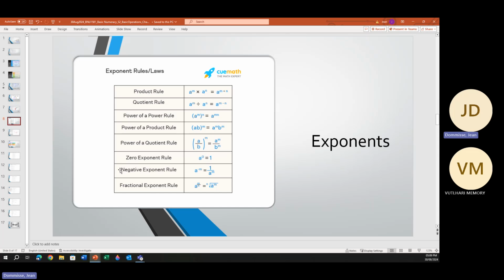The one that is really critical, that we will use a few times, is the zero exponent rule. Basically, anything to the power of zero will give you one. That's a rule that we see a lot, and even in the later chapters we will see a lot of those zero exponent rules coming through.